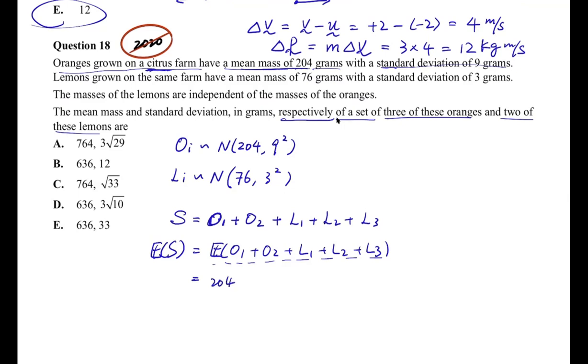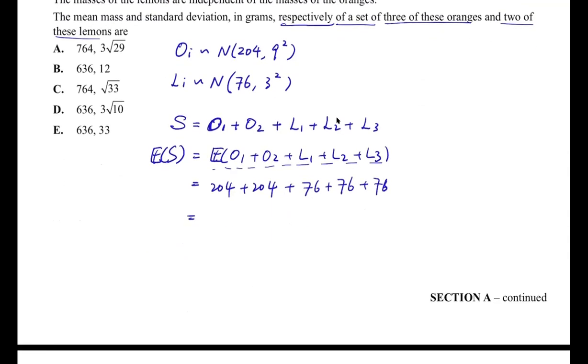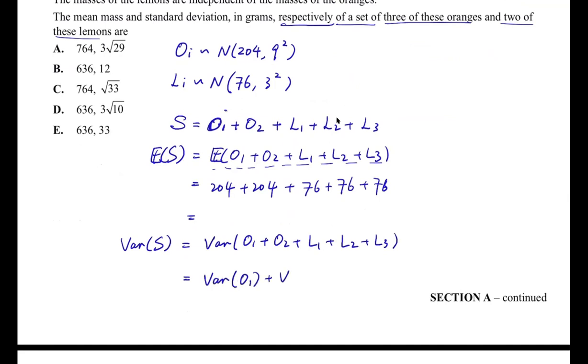It's 204 plus 204 plus 76 plus 76 plus 76. What will be the variance of S? The variance of S is the variance of O1 plus O2 plus L1 plus L2 plus L3, so you are actually saying variance of O1 plus variance of O2 plus variance of L1 plus variance of L2 plus variance of L3.